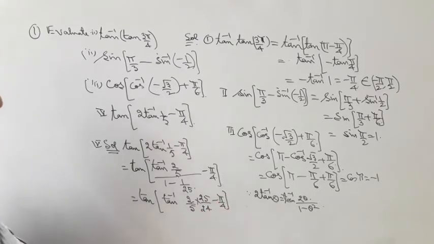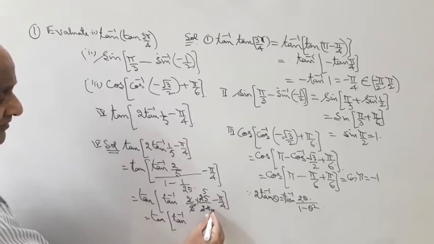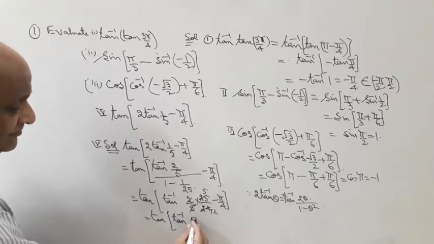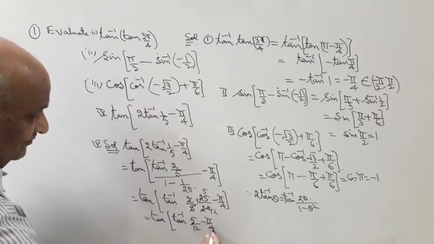Please note down this. This is tangent of tan inverse, the 5 will go, the 2 will go, here it is 12, tan inverse of 5 by 12 minus pi by 4.